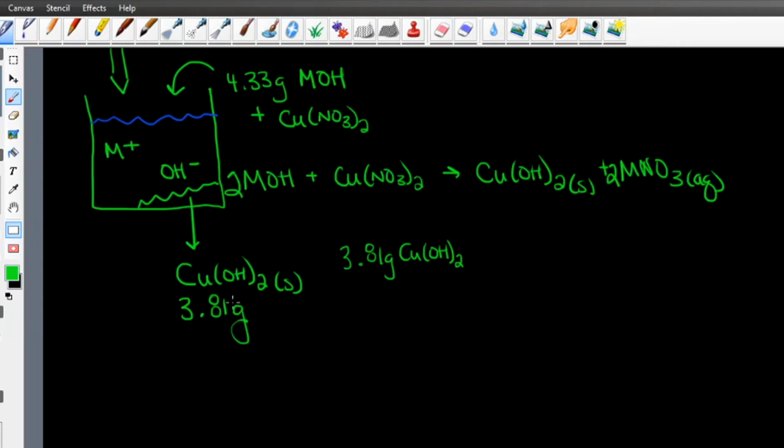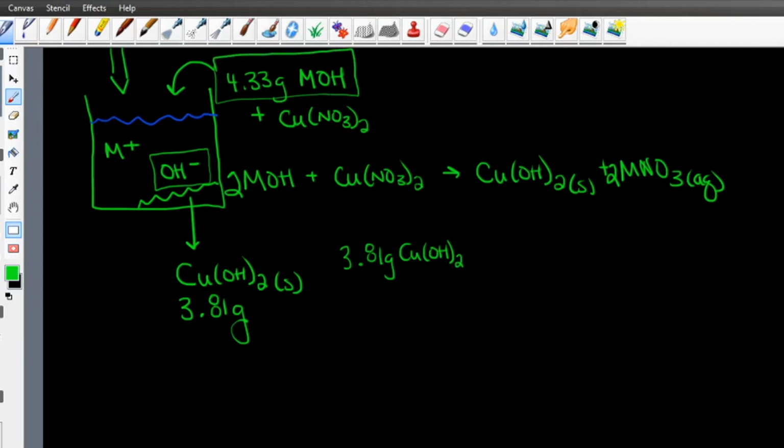Because if we think about it, all of the hydroxide that we get in that precipitate came from my initial compound. It came from here in solution. So if I can figure out how much hydroxide I have in that precipitate, that's how much hydroxide I had in this initial sample. And so then I can get percent composition from that.